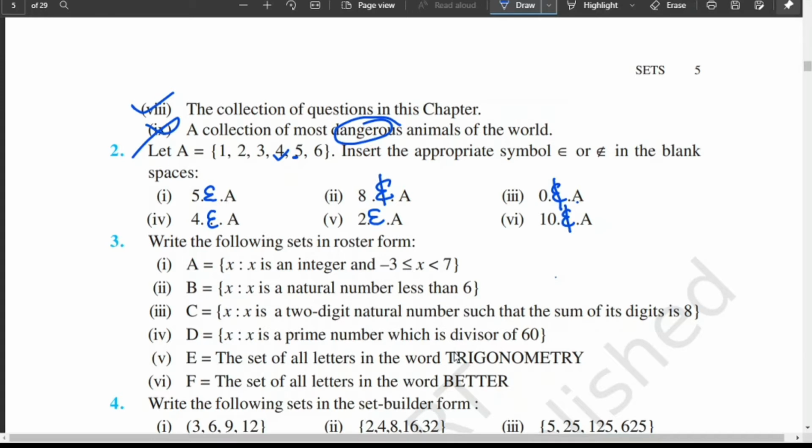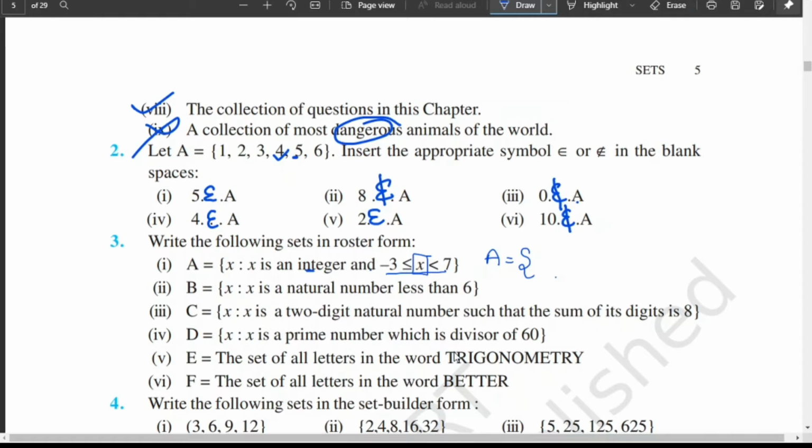Third question. Write the following sets in roster form. That is, we need to write the elements for the given set builder form. So, A equal to, open the bracket. Children, do read the question very clearly. The elements in the set A are called X such that X is an integer, and the condition given is that the number should be greater than or equal to -3 but less than 7.